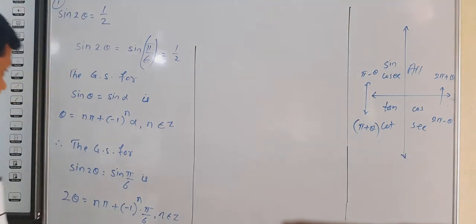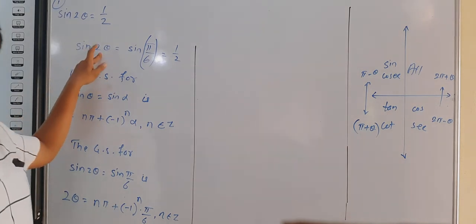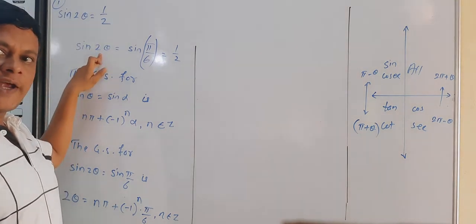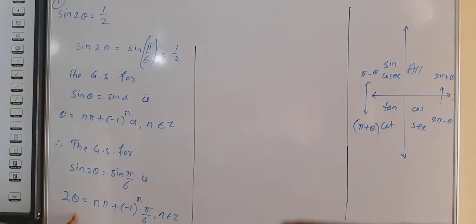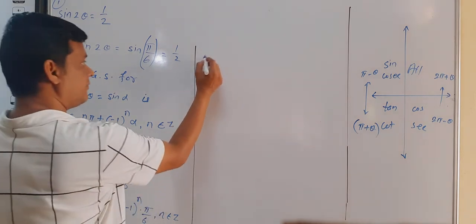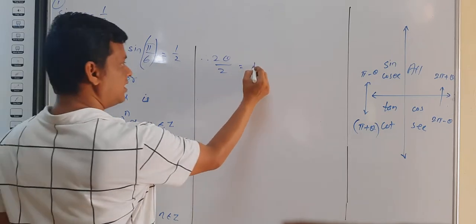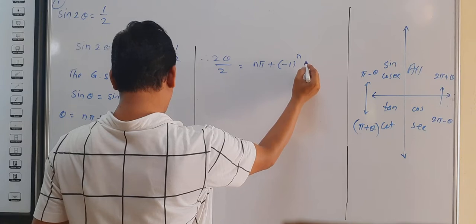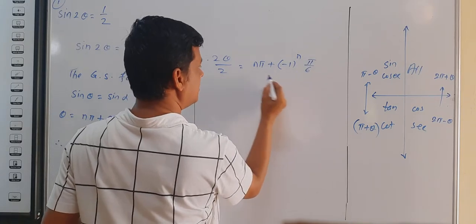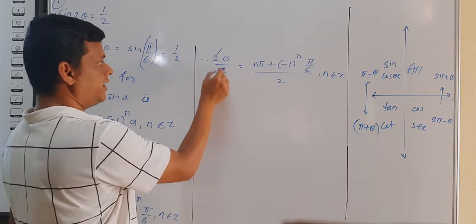In the problem, the angle is 2 theta. When we have to find the general solution, we have to find the value for theta only. So we have to divide both sides by 2. Therefore 2 theta divided by 2 is equal to n pi plus minus 1 raised to the power n into pi by 6, and the RHS also we have to divide by 2. So 2 gets cancelled.